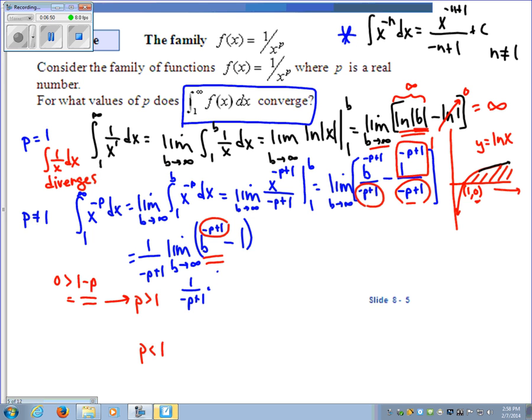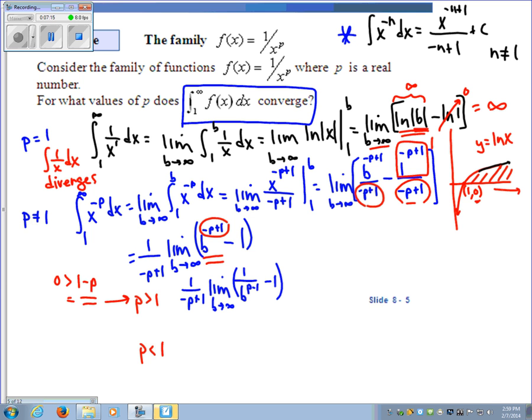So I'm going to rewrite this as 1 over b. Now I need to change the sign of the exponent, so now it's going to be p minus 1. And my b now is going toward infinity. Okay, b is getting larger and larger. I know p minus 1 now.